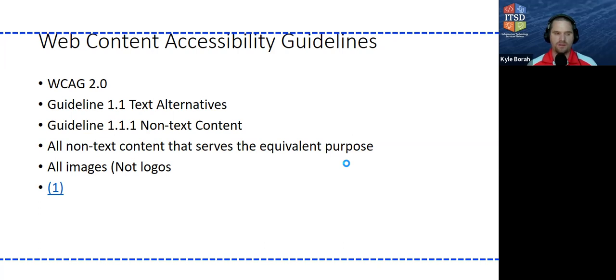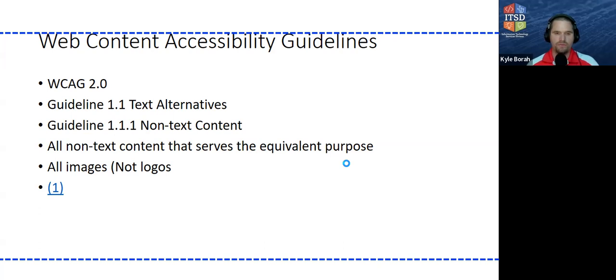It does extend into other things like mobile apps, but its main focus is the web. And in the 1.1 text alternatives guidelines and the 1.1.1 non-text alternative guidelines, that basically details everything to do with alt text and when to include it.